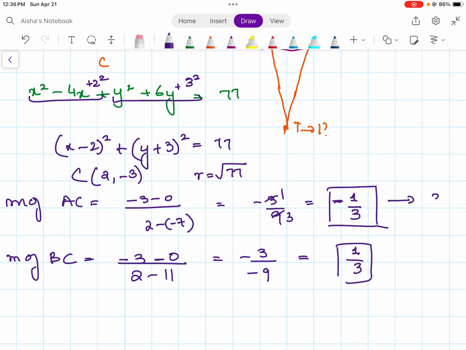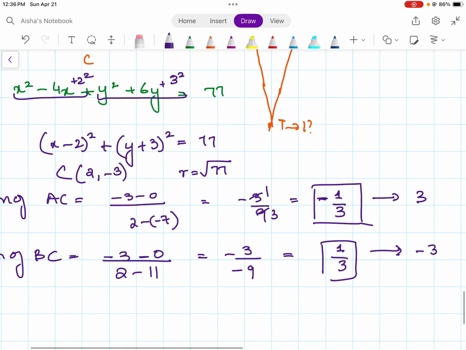So the gradient of tangents is going to be 3 and over here it's going to be minus 3.